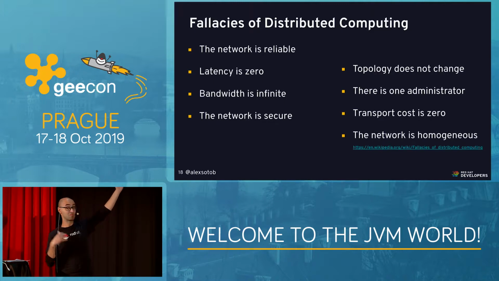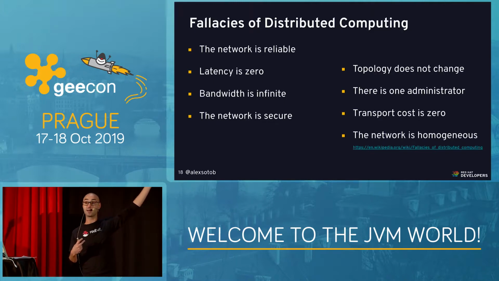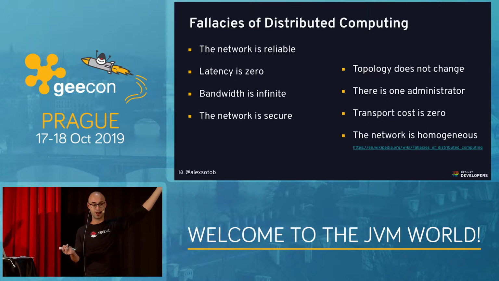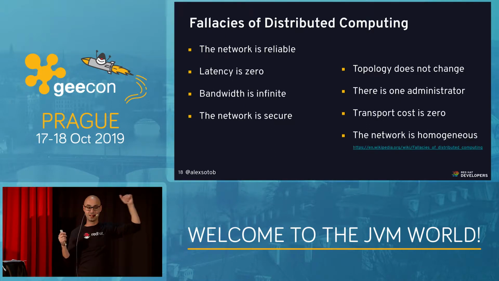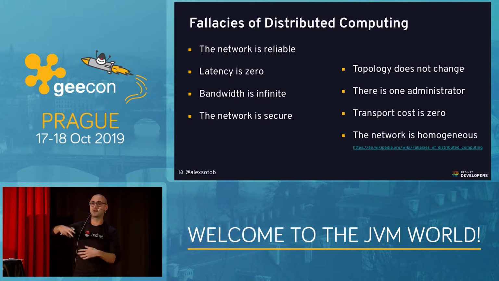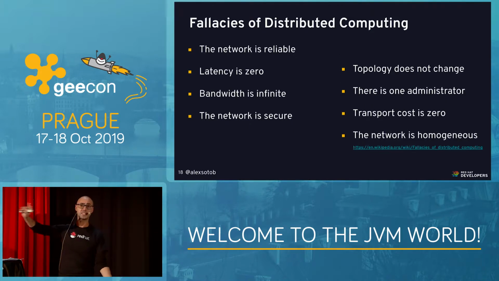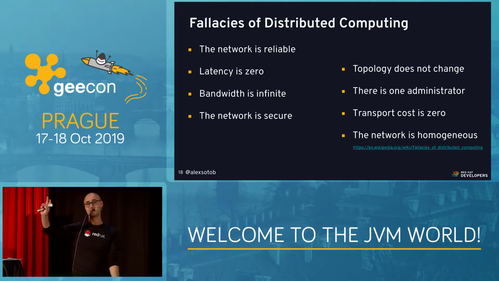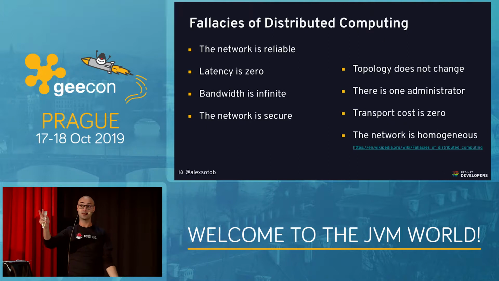Basically, you as a developer might think that the network is reliable, but we know that it's not. The latency is 0. The bandwidth is infinite. We always think that, okay, we can start doing calls to the network. Doesn't matter. Hey, I want to send you 1 gigabyte of a file through the network. Okay, send it. Doesn't matter. And it's not like that because the bandwidth is not infinite.